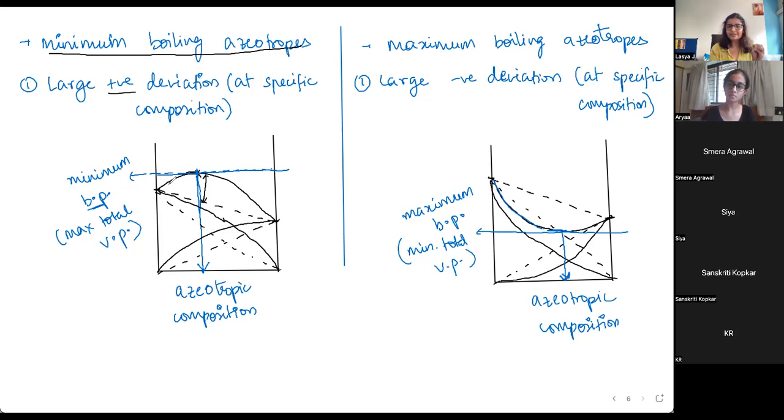So there is one specific composition of the two components in the mixture where the total boiling point of the mixture is minimum. Total boiling point means you're boiling the whole solution.